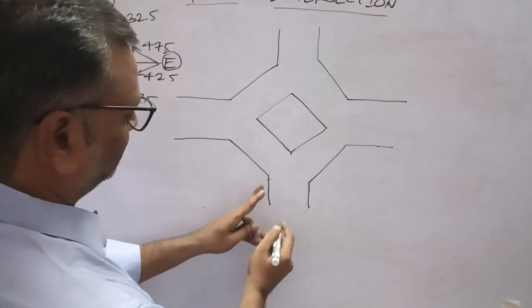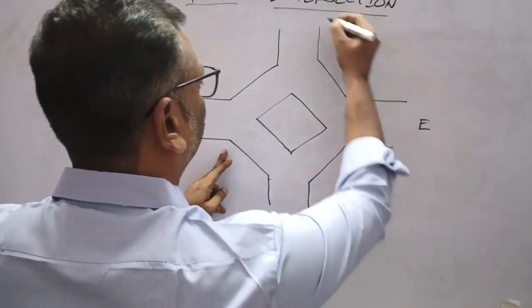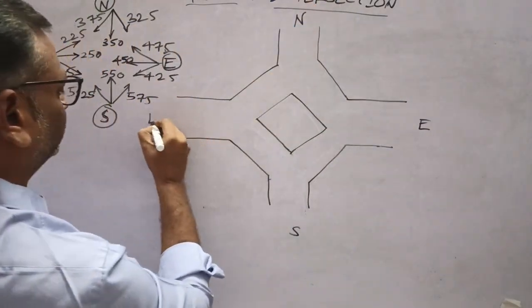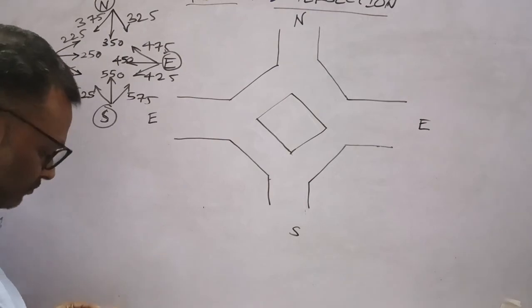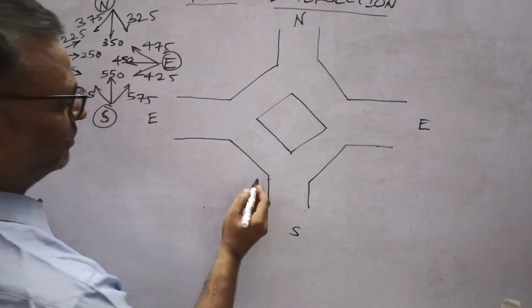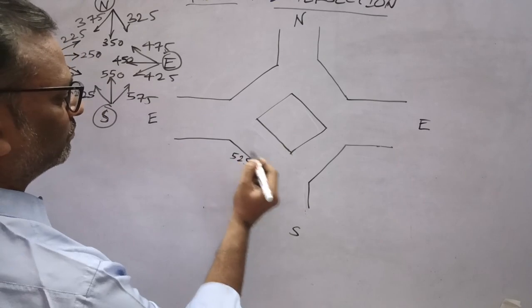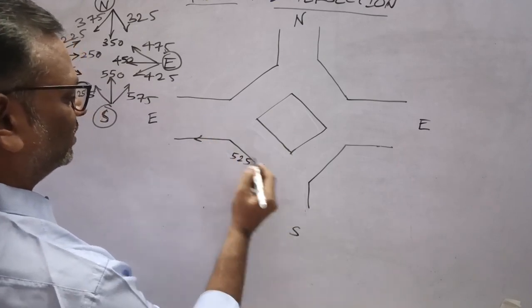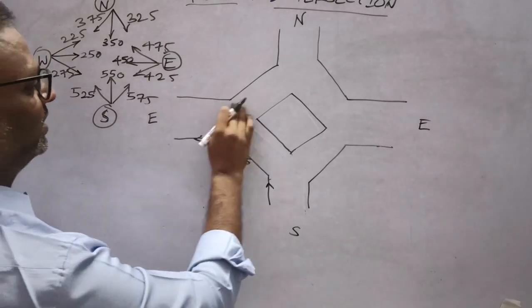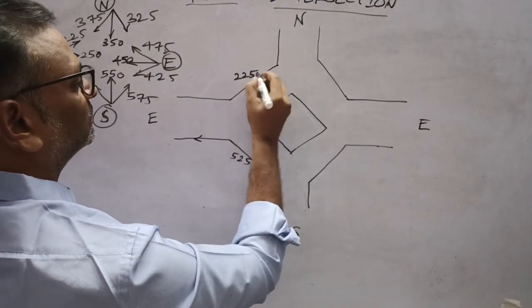So we have left traffic from south, we have from south left traffic 525, and left traffic comes and goes like this. Similarly, for all the approaches we have like this.